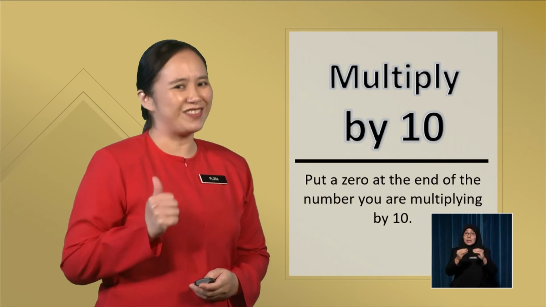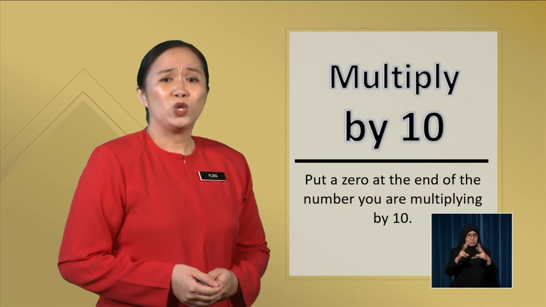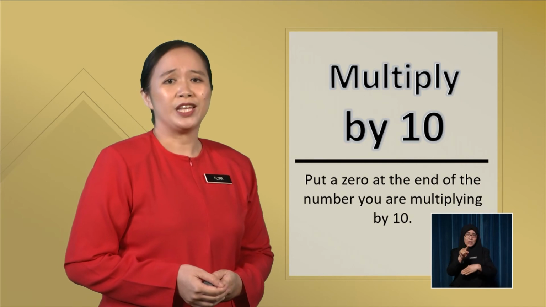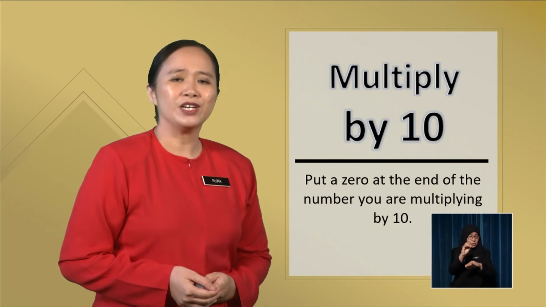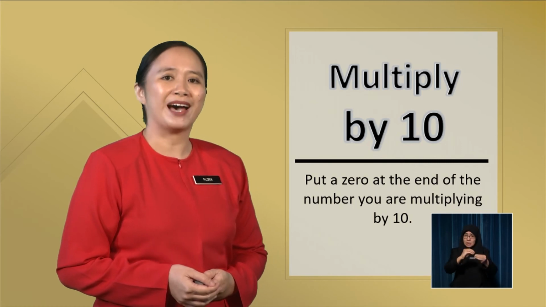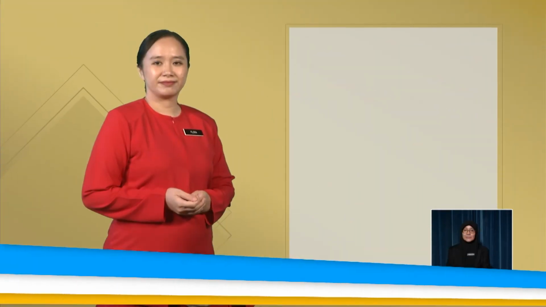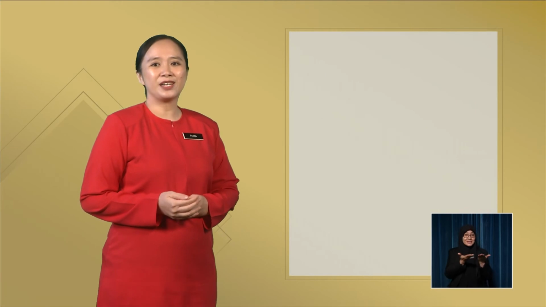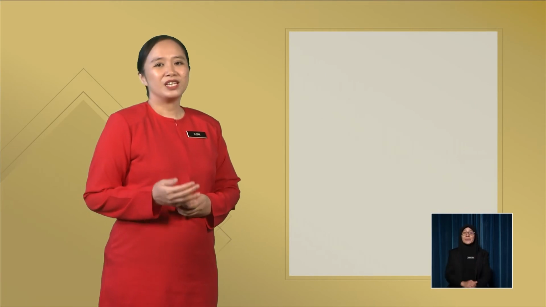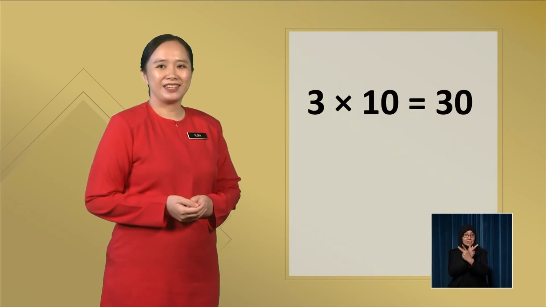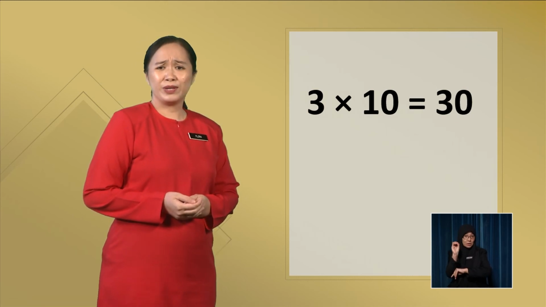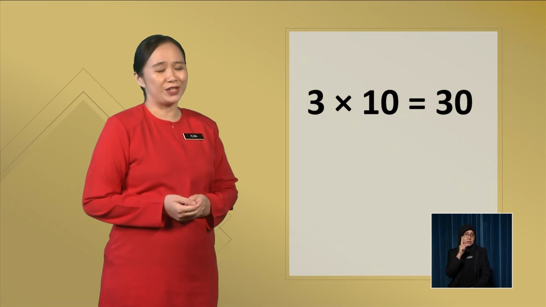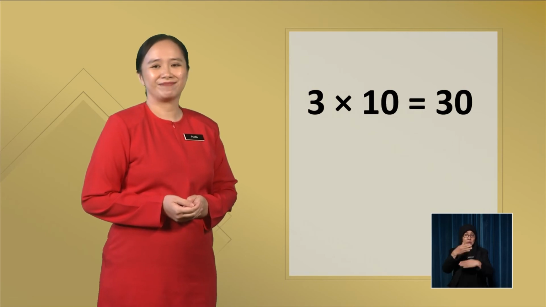It is very easy. You just need to put a 0 at the end of the number you are multiplying by 10. Here is an example. 3 times 10 is equal to 30. We just need to put a 0 after 3.